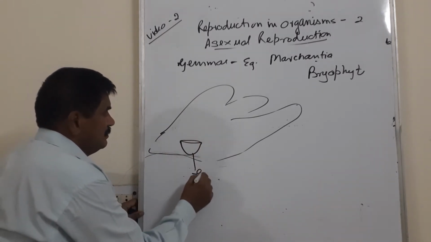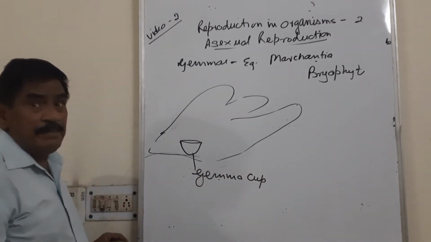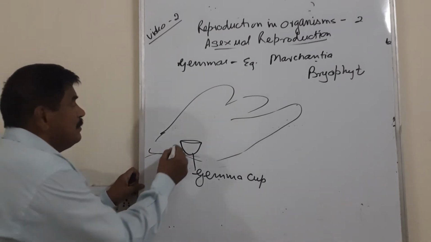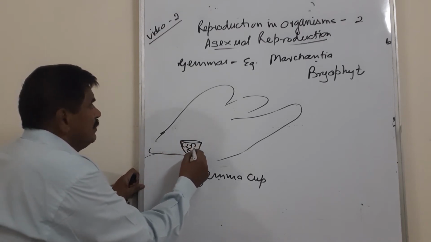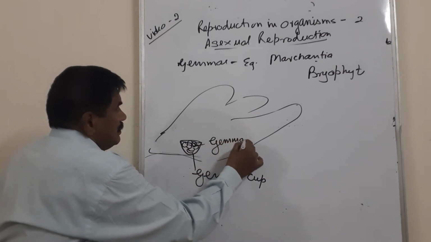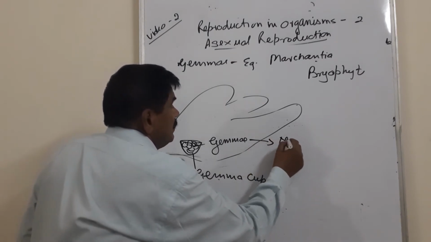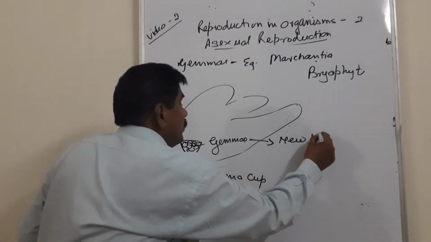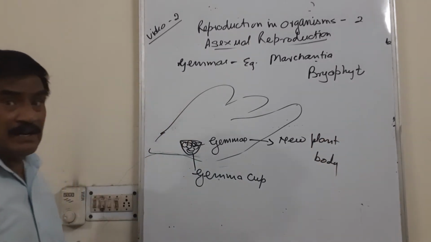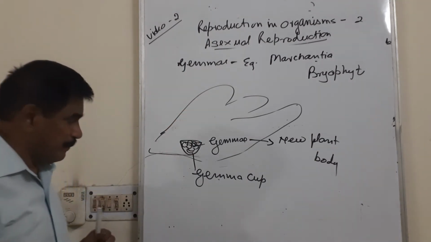This is called the gemma cup. The gemma cup holds the gemmae. What is a gemma? A gemma is a multicellular greenish structure. When the gemma is released or detached, it forms a new plant body. So gemma formation is one of the important asexual reproduction methods in some bryophytes like Marchantia.